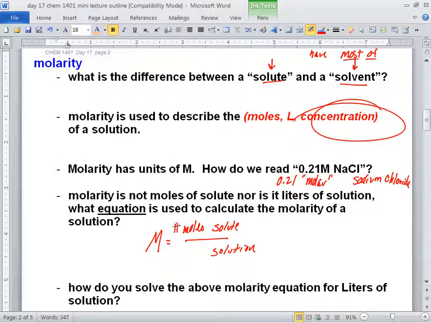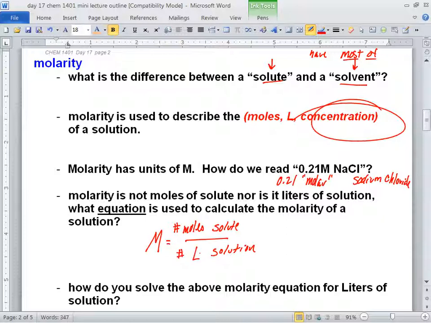So plug in the number of moles of solute. Divide that by the what of the solution, Emily. It's not grams of the solution. It's not milliliters of the solution. Does anyone know? Liters, big L. Liters of solution.